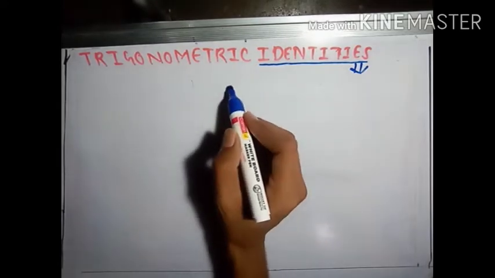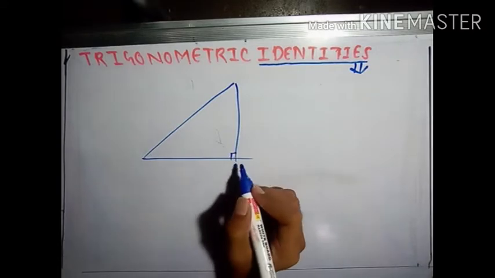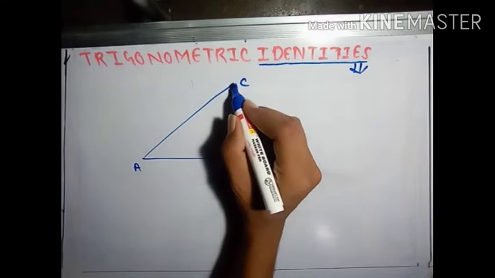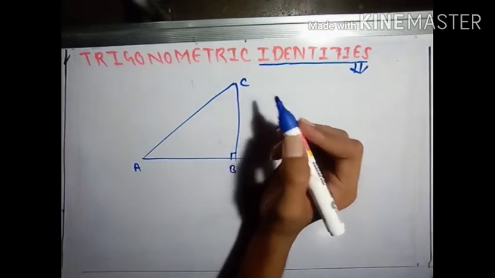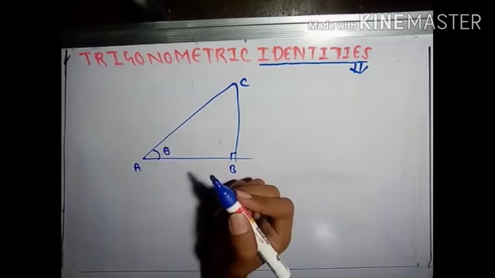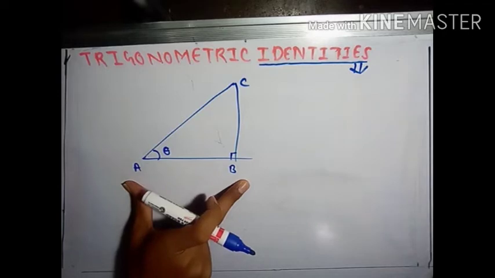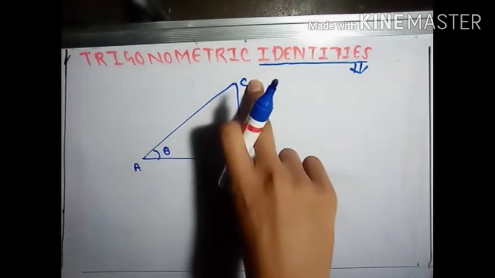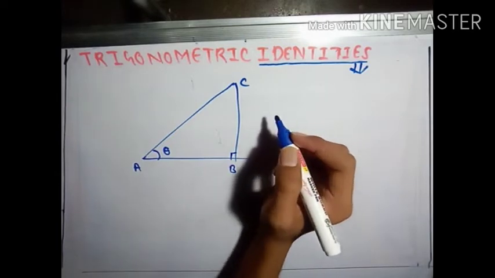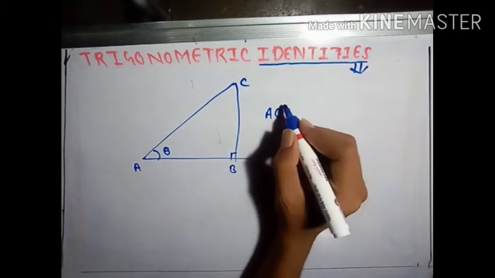So for that purpose we are making a right angle triangle ABC. My first step is I am taking an angle theta over the base AB. So which will be the perpendicular? Exactly, BC. And for this triangle I am writing the Pythagoras theorem. So look at this, how to write the Pythagoras theorem.